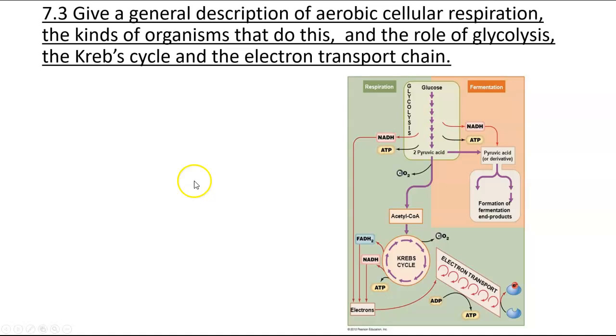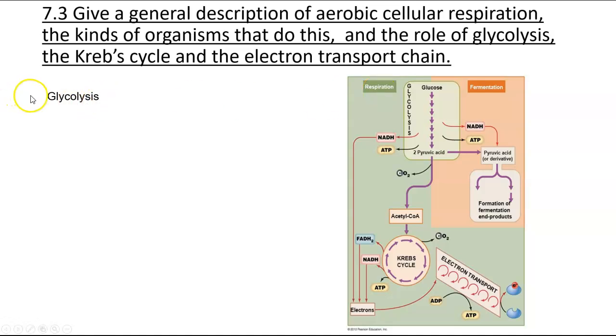So I'm going to talk in a little bit more detail about aerobic cellular respiration. What is all this and what's going on? It says, give a general description of aerobic cellular respiration, the kinds of organisms that do this, and the role of glycolysis, Krebs cycle, and the electron transport chain.